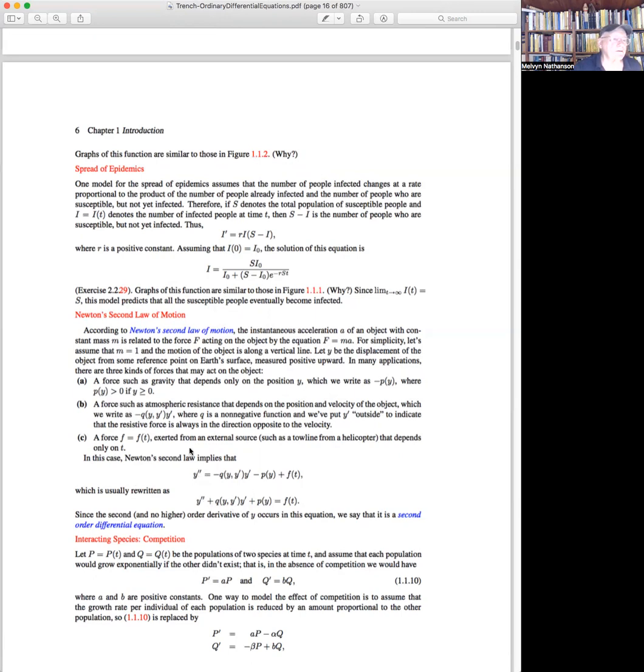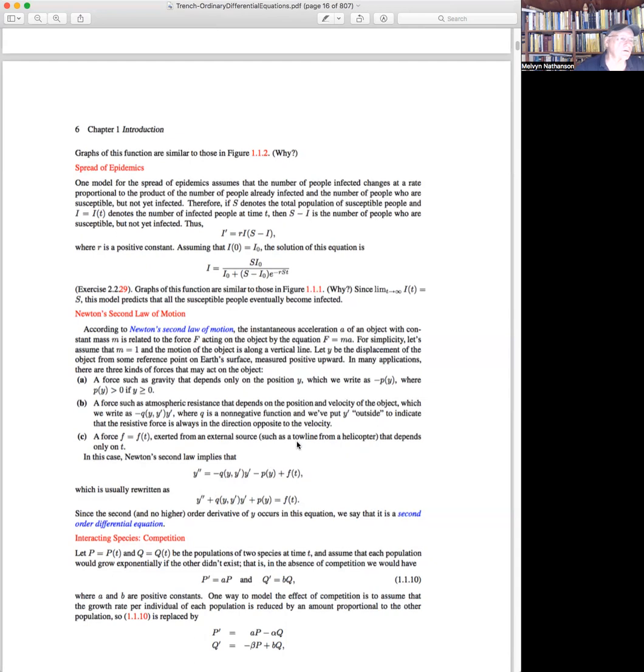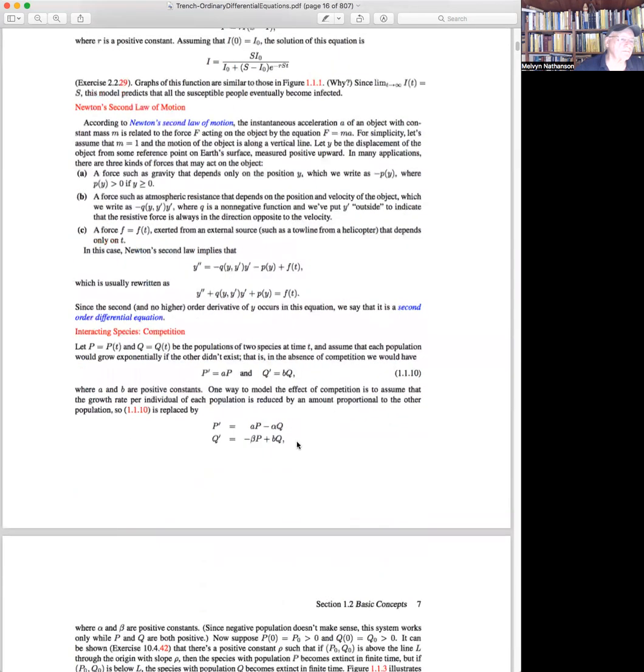And this involves a second derivative. So you end up looking at second order differential equations, or equations that involve your unknown function y, a first derivative and a second derivative. This is the sort of thing you'll find a lot in physics.